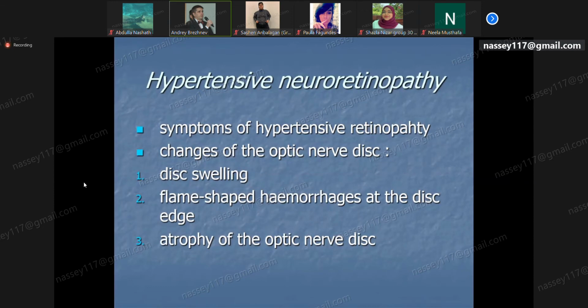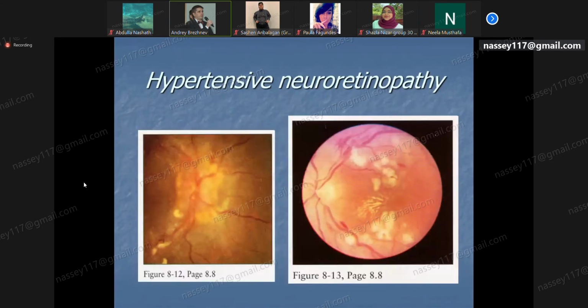What are the changes of the disc? Disc swelling. You see in these photos that there are no sharp borders of the optic nerve disc. Flame-shaped hemorrhages, not only on the retina, but at the disc edge.